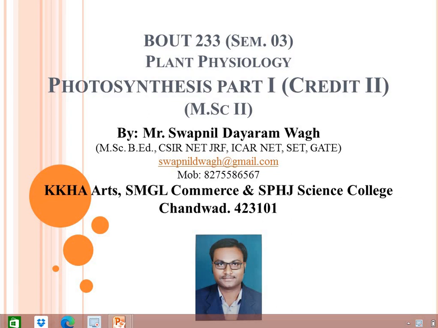First of all, photosynthesis is divided into two parts. One is the photo part and the second one is the synthesis part. In the photo part, ATP and NADPH2 are synthesized, and this ATP and NADPH2 are used as a reducing substrate in the synthesis part for synthesis of starch, and ADP and NADP are regenerated in the synthesis part.